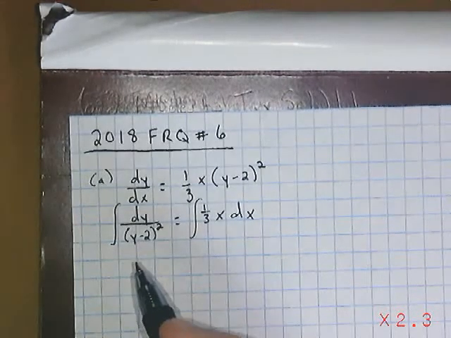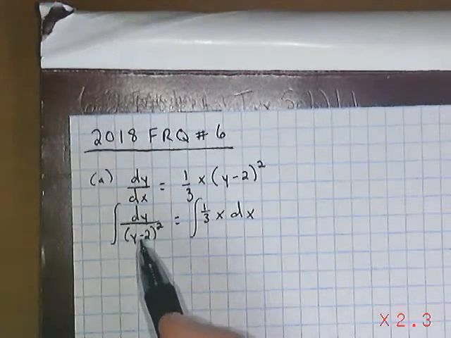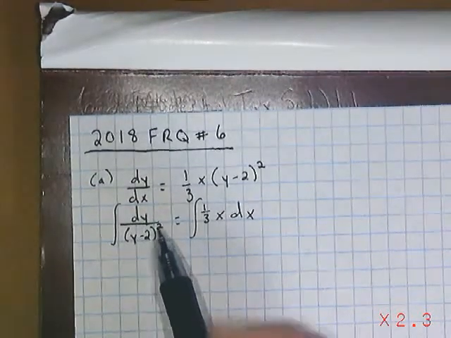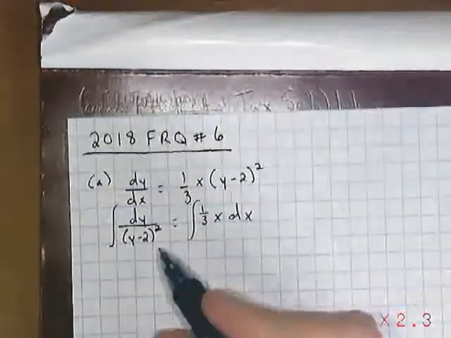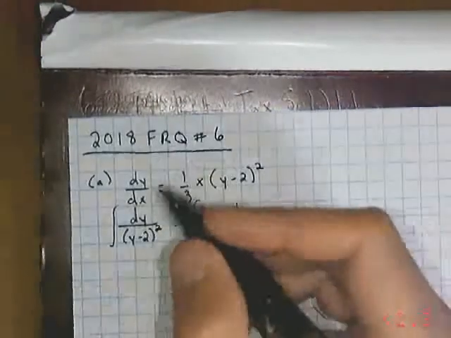I know that we've just spent a lot of time with the natural log, and it's very tempting to look at this and think that our antiderivative is going to be the ln, but that's a square. If it was like that, then yeah, all day, every day, we're looking at the natural log. But this is actually just power rule. So let's rewrite it.